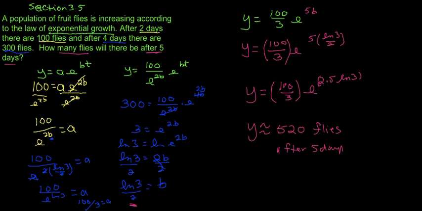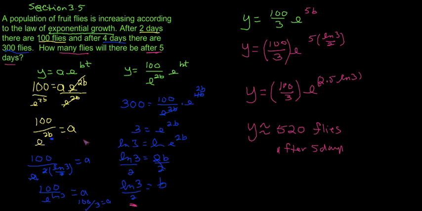So a lot of work. So let's recap here real quick. We took our general form, y equals a times e raised to the bt, and then once that was set up, we plugged in our first amount of information that we knew. We had a time, or t, of 2, and a y value, or our ending value, of 100. So we substituted that in, tried to isolate a, we did, we got down to this point.